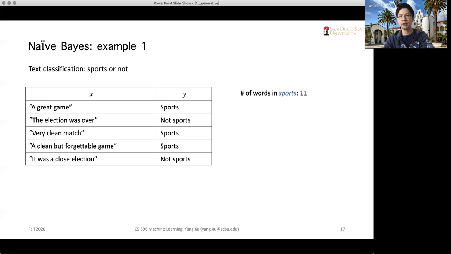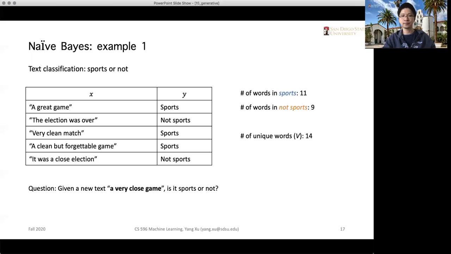If we count those examples, we find that there are 11 words in total in sports, and 9 words in non-sports. And the total number of unique words, that is the vocabulary size, is 14.